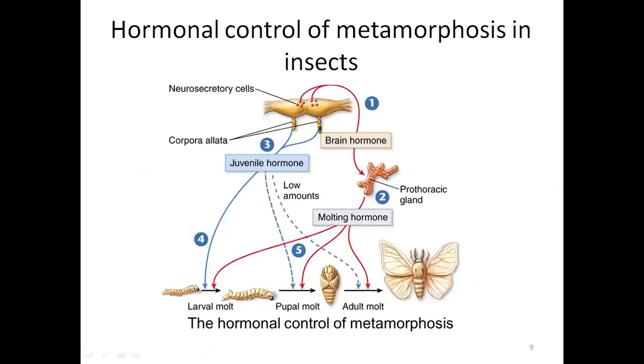Now, in this flow chart, you can see the levels of molting hormone. You see the level of molting hormone at the larval stage, adult stage, imago stage. In all these stages, it is produced in equal levels. But you can see the juvenile hormone, once the process of the molting hormone is properly taking place in the larval stage, it is present at the highest level from the first molt, second molt, third molt, and all the levels of the juvenile hormone keep reducing.